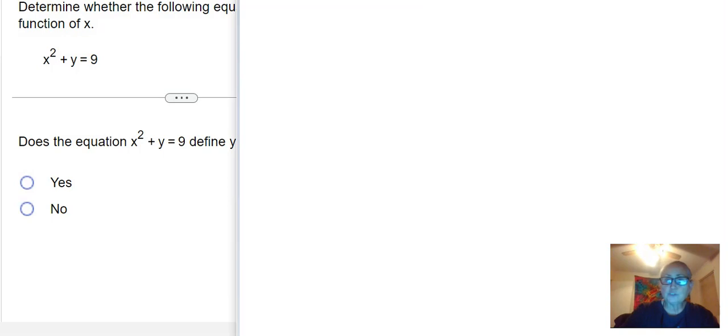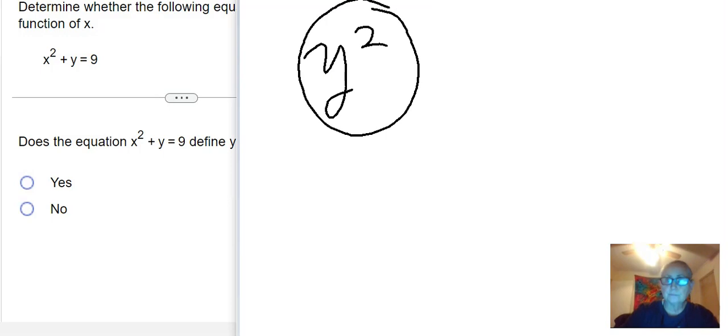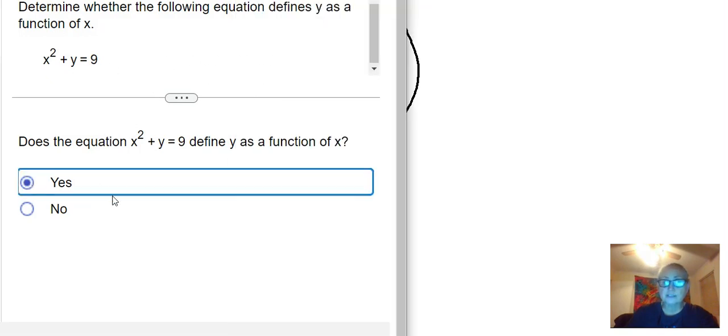If you have a Y squared, you are not going to have a function. Okay, so Y squared is not a function. Okay, so look at these variables. We do not have a Y squared, so yes, this is a function.